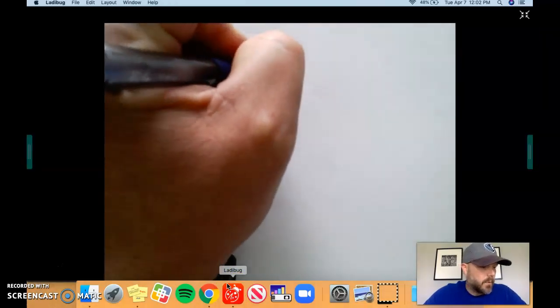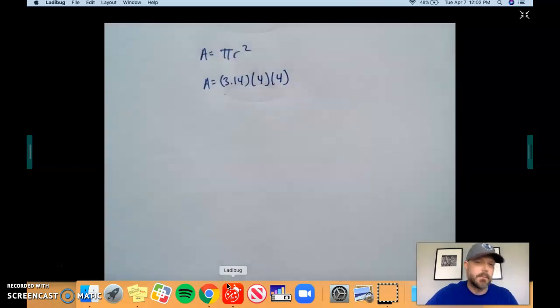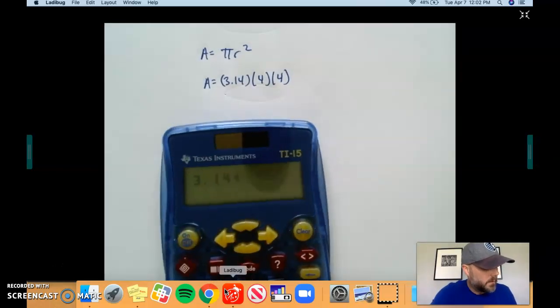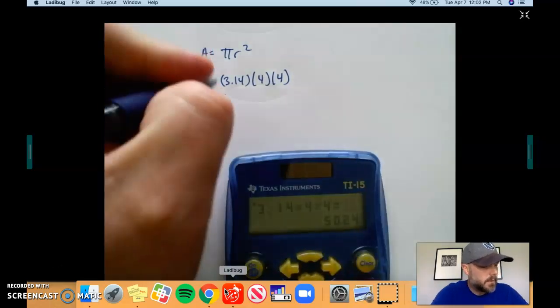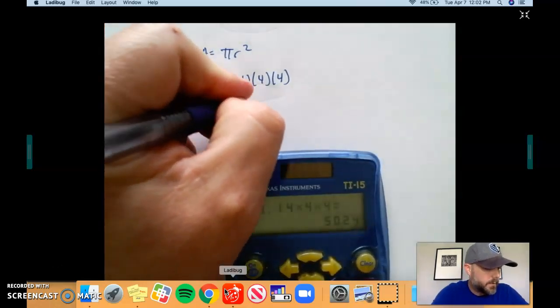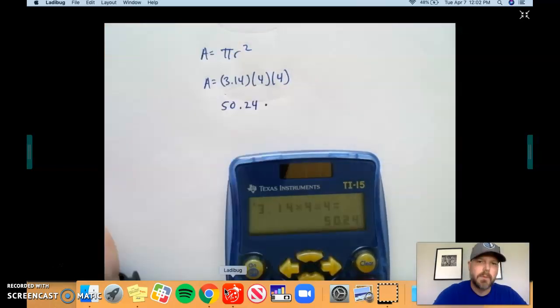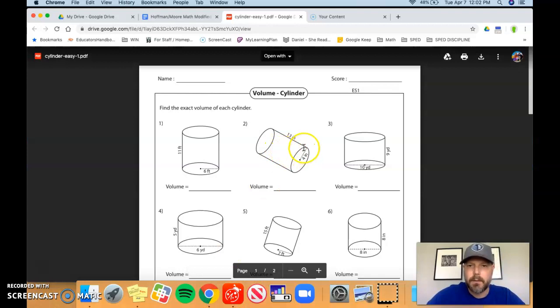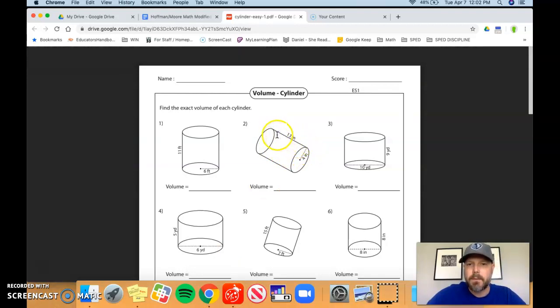So times 4 times 4, okay? So when I figure that out, that is 3.14 times 4 times 4, and that is 50.24. And then I also need to multiply that by the height, and the height is 13.